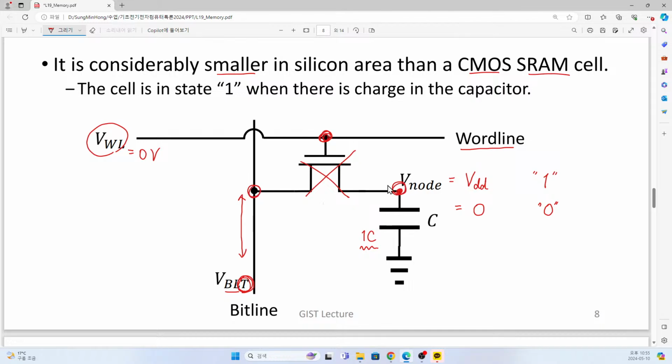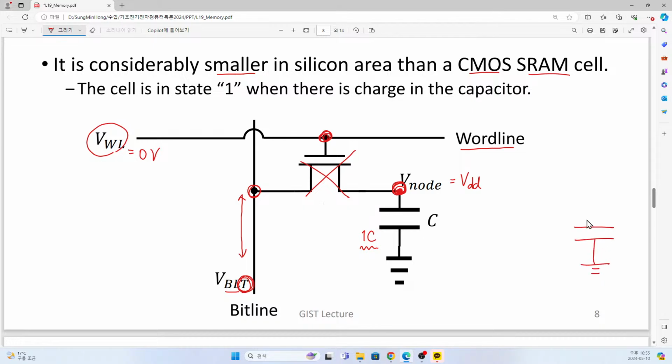So therefore, ideally, the stored charge here will stay forever. So I mean that once again, let me just think about this one. When it is VDD, we have a charge.